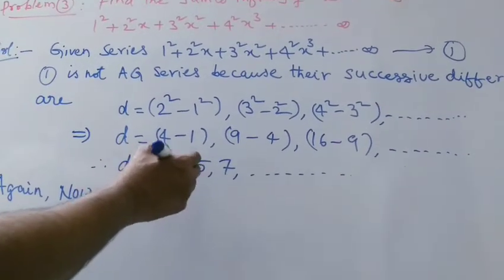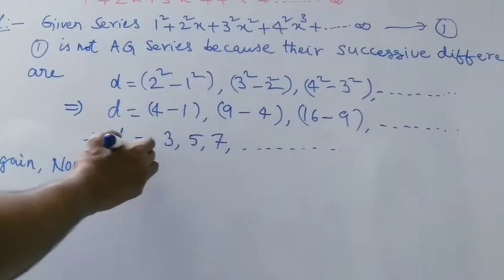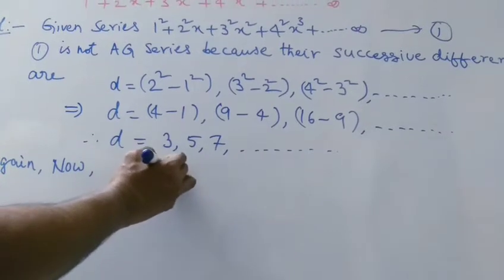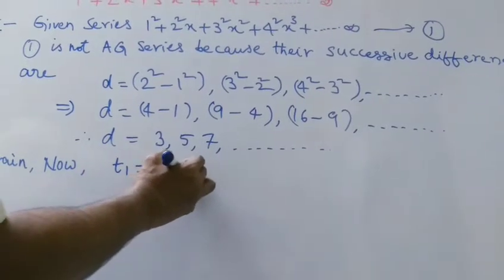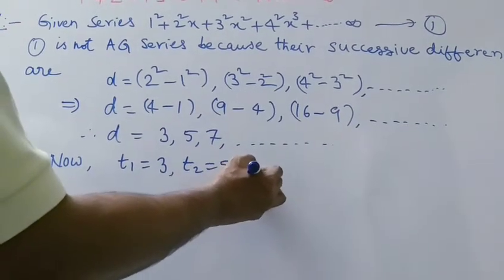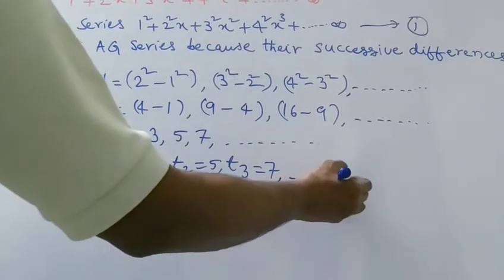Three terms are given here. Again now, T1 is equal to 3, T2 is equal to 5, T3 is equal to 7, and so on terms are there.